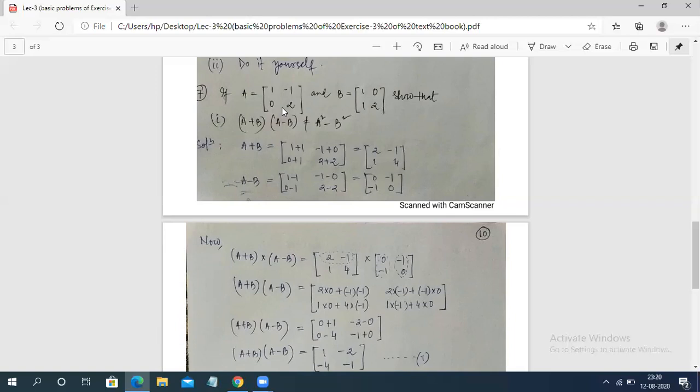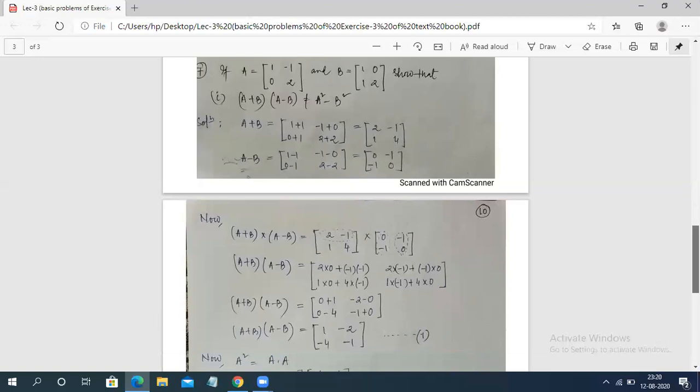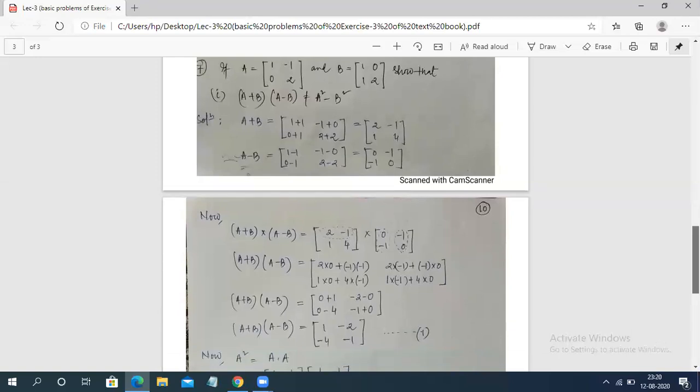A and B are two matrices of the same order, so matrix addition is possible, and we add the corresponding elements of A and B, and we have this matrix A plus B.